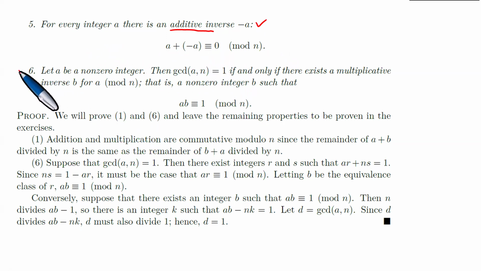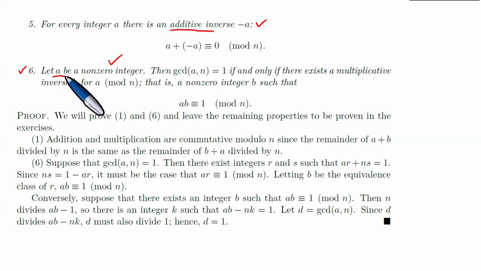Property 6. Let a be a non-zero integer. Then the greatest common divisor, the GCD of a and n, is equal to 1.